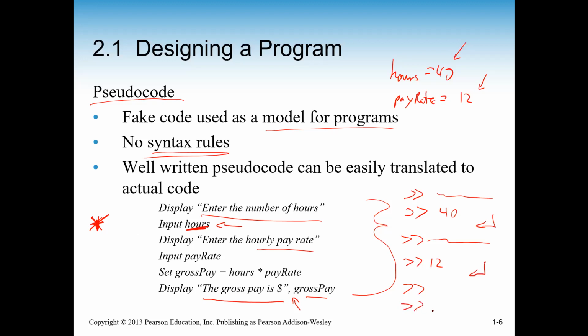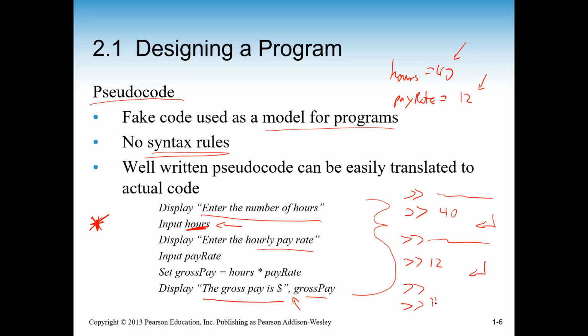So for completion here, then, it would be 40 times 12, 480. Okay, and that's what you're going to get as your output plus the message.